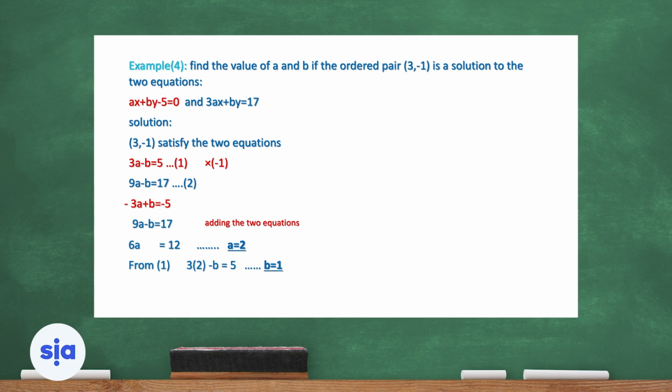Let's, for example, multiply the first one by -3. So it will become minus 9a plus 3b equals -15, or the second equation as it is, 9a minus b equals 17.